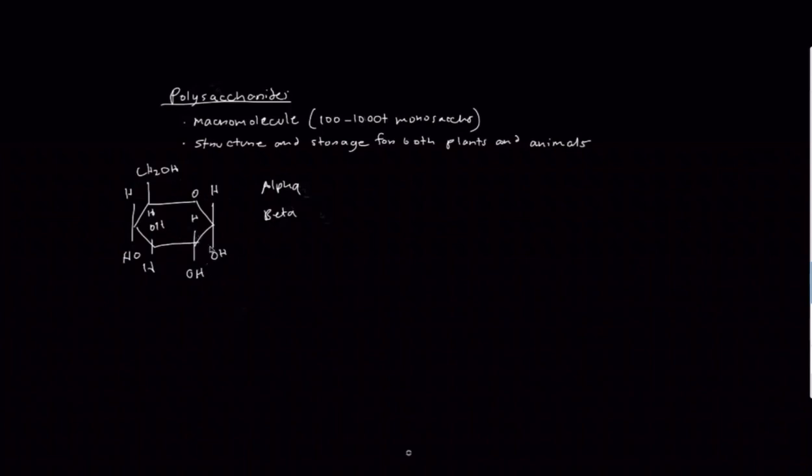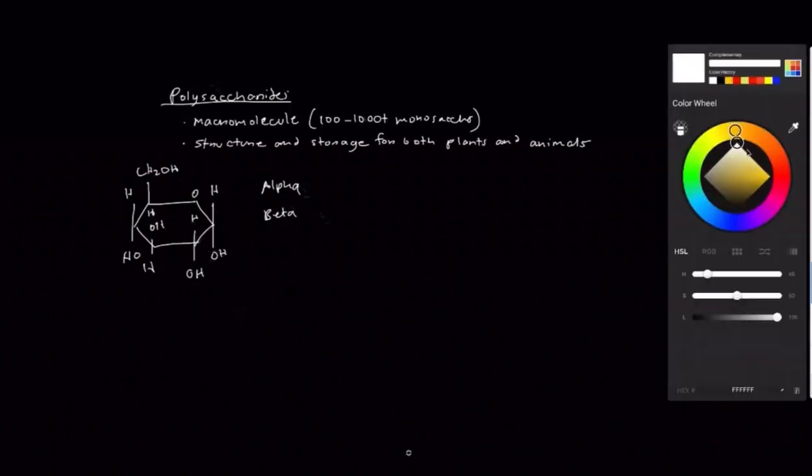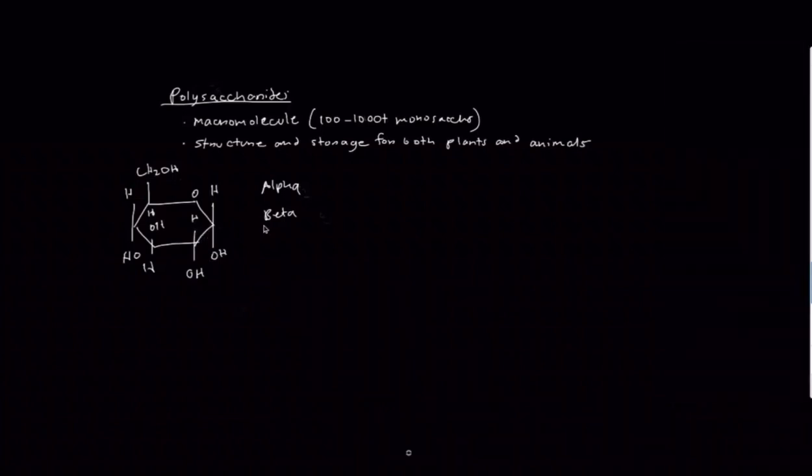Now, this OH group here, we call this the plane of the structure, the plane of this ring here. This is the plane. And this hydroxyl group can be seen below the plane of the ring. In starch, these glucose monomers are composed in an alpha structure.